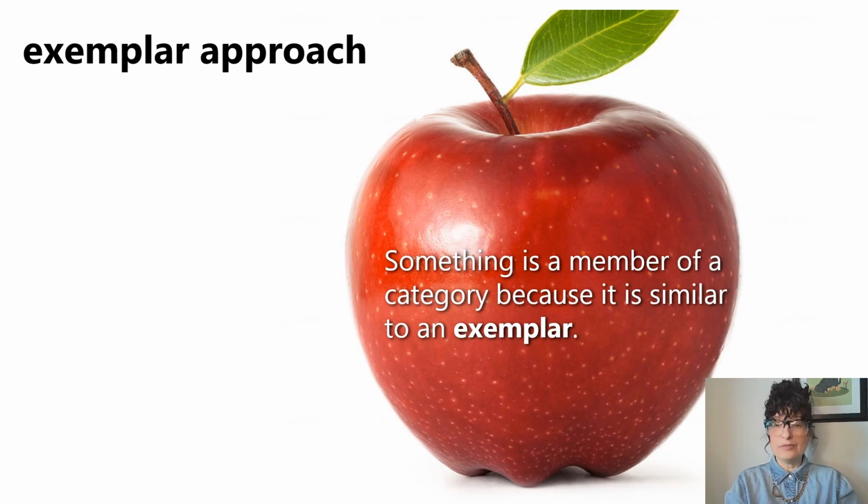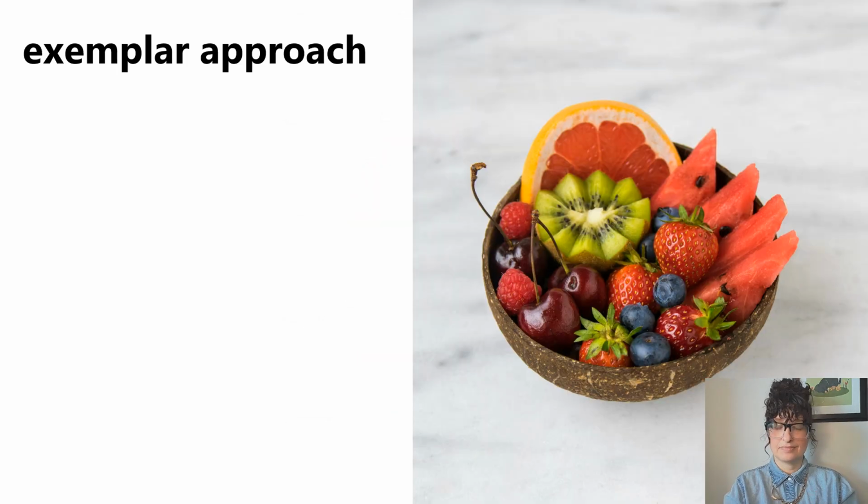But because they're exemplars of the category, they come up very highly in a production task. So in the exemplar approach, things like blueberries and cherries and watermelon and grapefruit and kiwi are all represented not by an average, but by those specific examples.